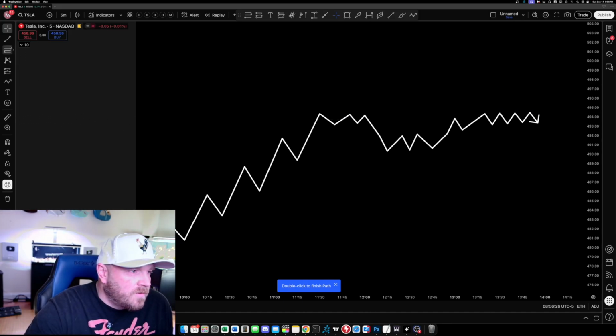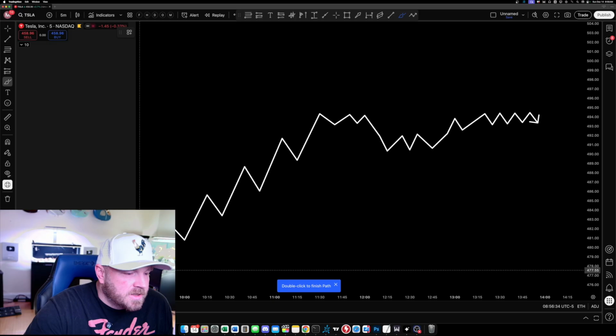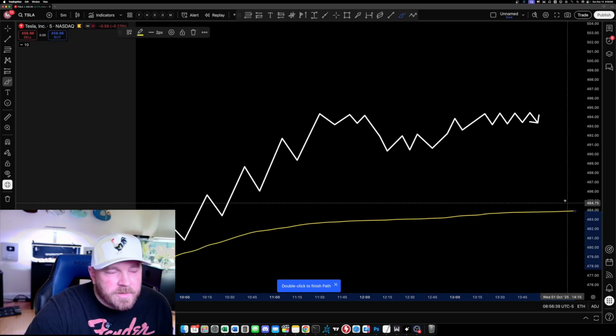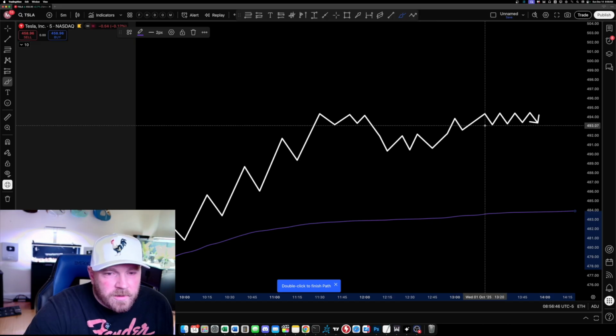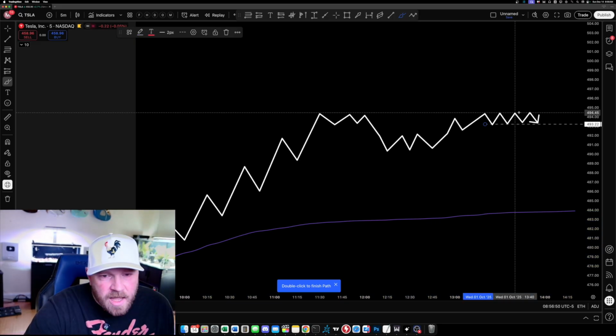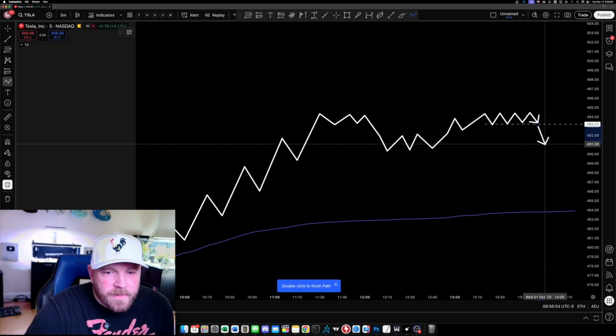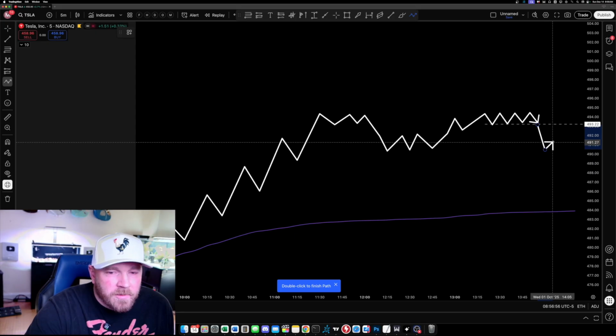What I'm looking for, and at this point, we're pretty far away from VWAP. So let's just say the day we started out at, VWAP's way down here. Make it purple. And what I'm looking for is just a flash sell off at the end of the day. It might not go all the way down to VWAP.